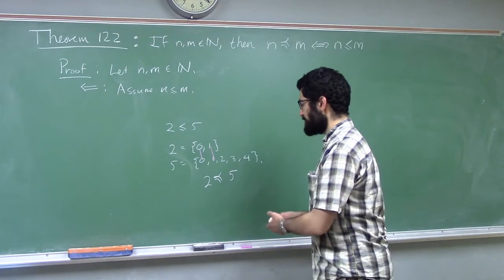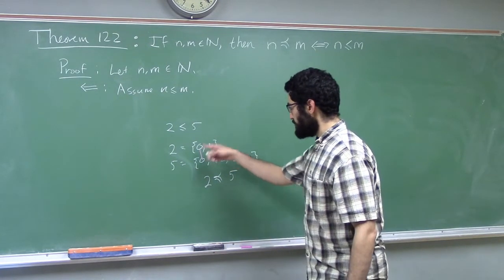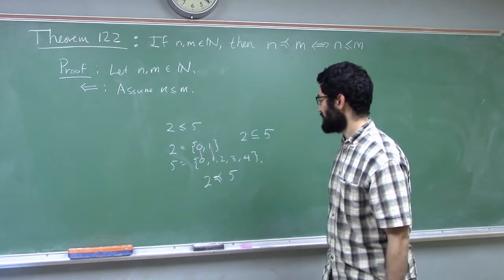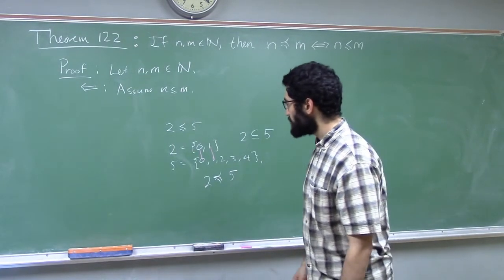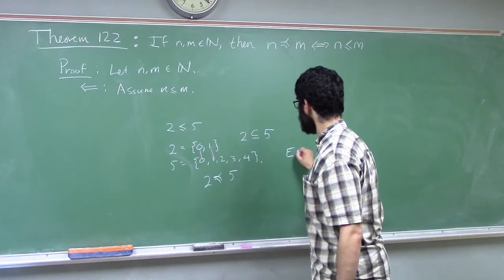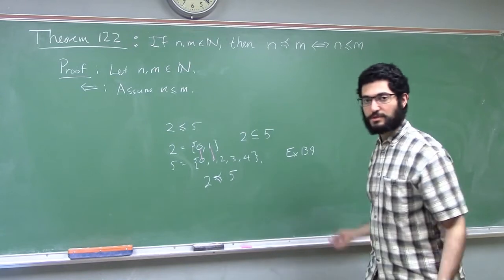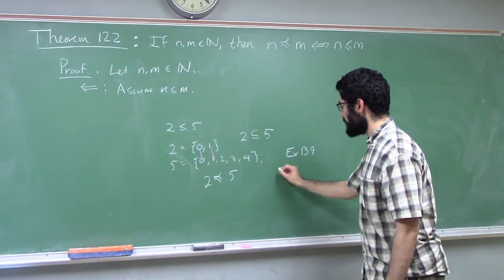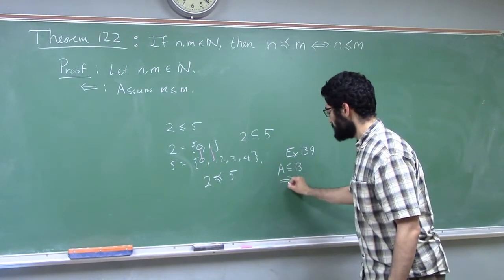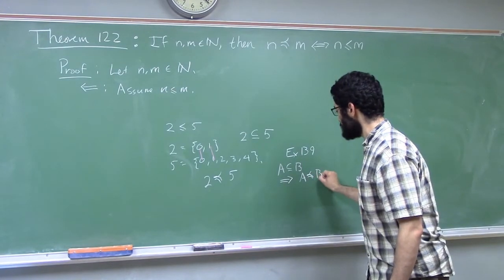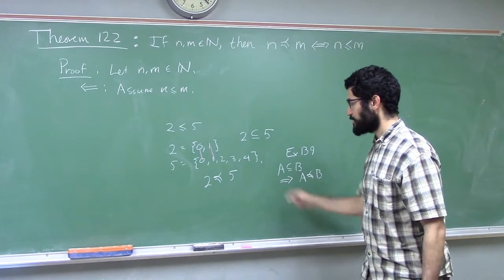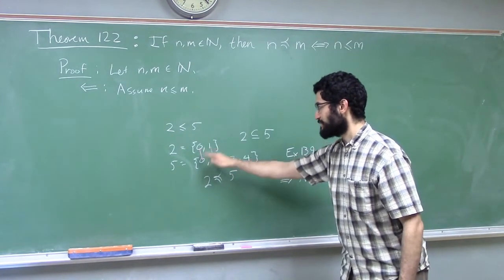Alright, this is not a proof of any kind, it's just an idea. The idea is that it's because 2 is a subset of 5 that there seems to exist an injection from 2 to 5. And actually, there is an exercise, exercise 139, which is one of the assigned exercises that you should try, where you show that if A is a subset of B, then there exists an injection from A to B. So here, 2 is a subset of 5, and so there was an easy injection from 2 to 5, namely the one that sends things to themselves.